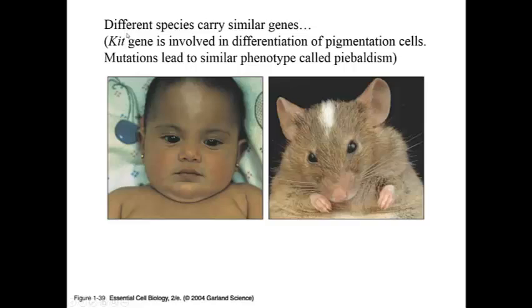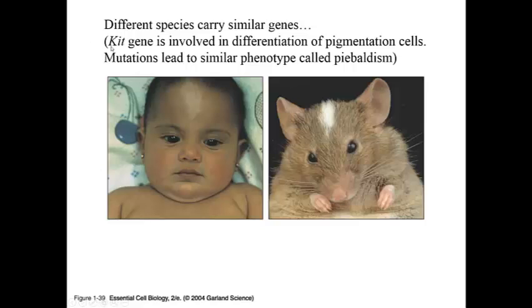So how do we know that there are really similarities between species? And how do we know that these similarities are really based on genetic similarities or functional similarities of the genes? Well, one example is from your book, where a child has a loss of pigmentation on the forehead similar to that in the mouse.